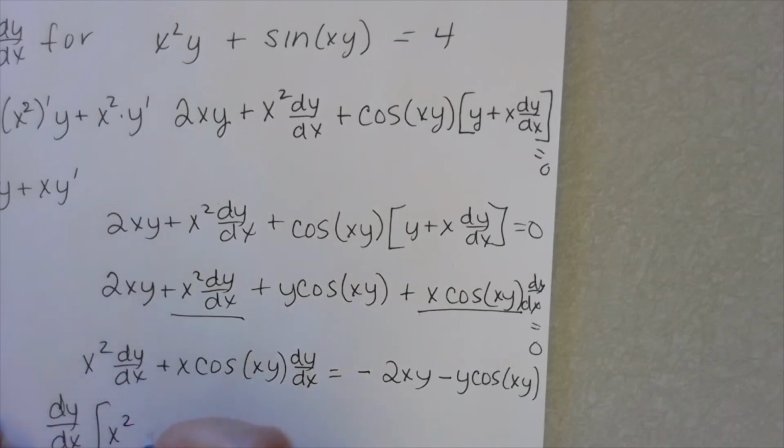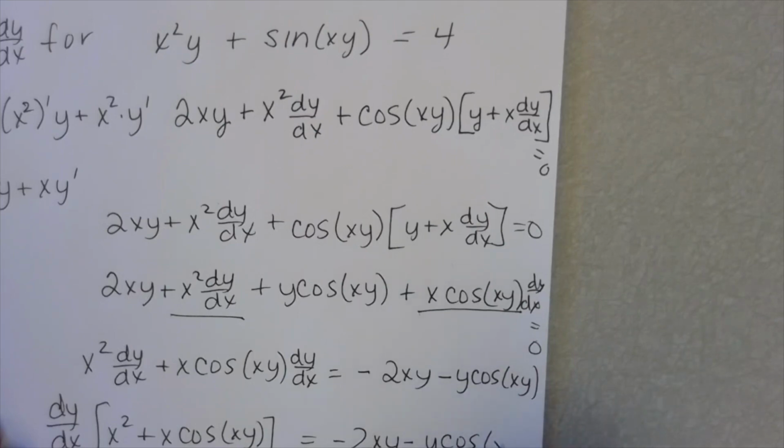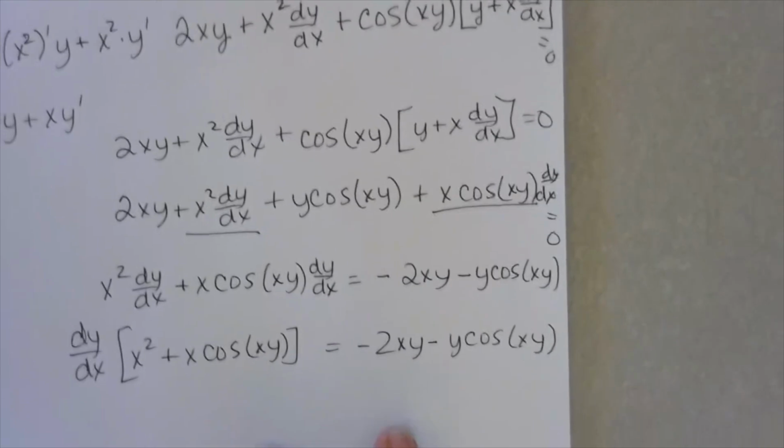I'm left with x squared plus x cosine of xy equals negative 2xy minus y cosine of xy. And now I just divide by this whole thing here.